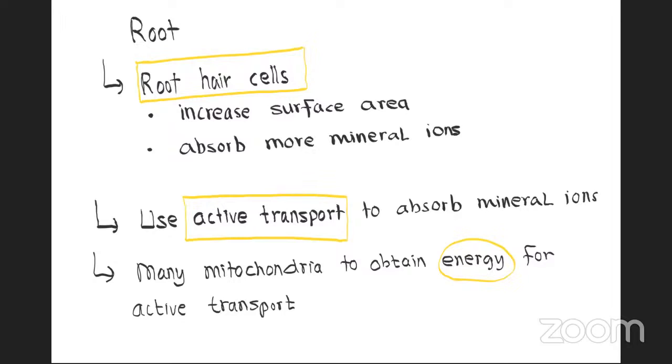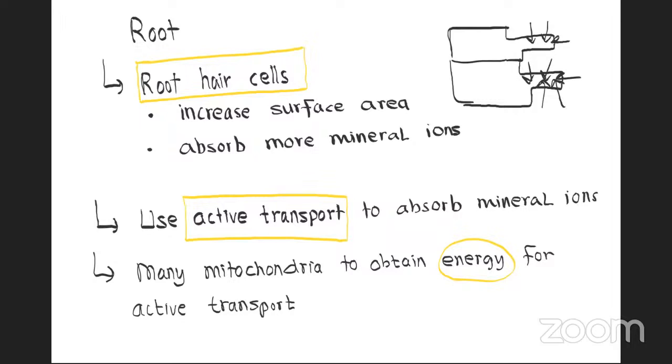So the root system has these root hair cells. The root hair cells increase the surface area, so more mineral ions can be absorbed. That's the first point.